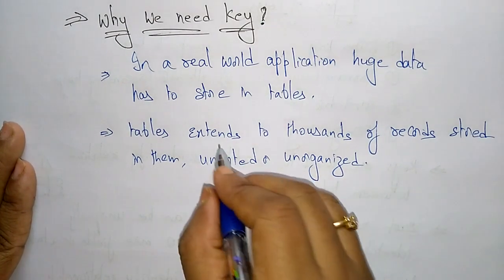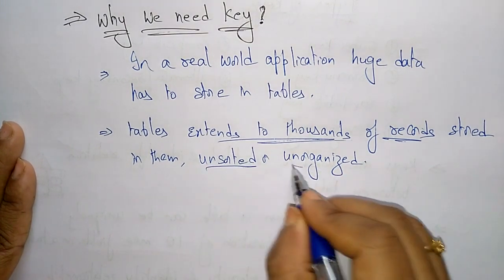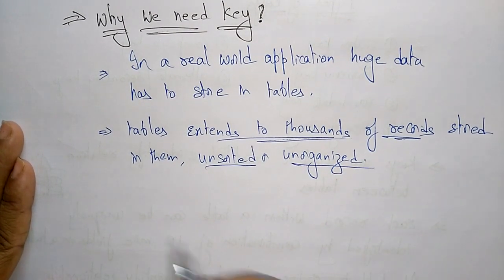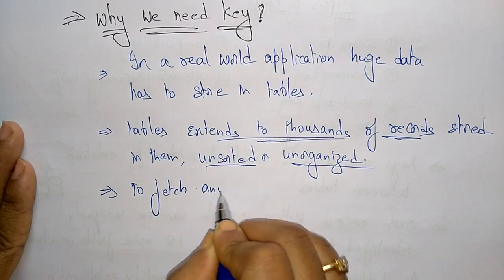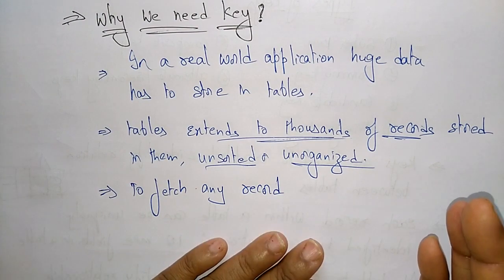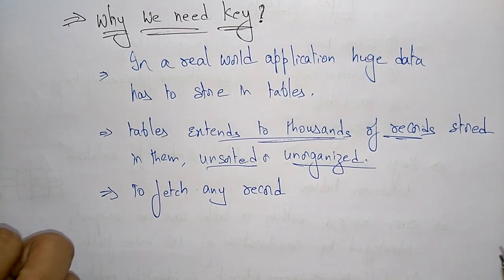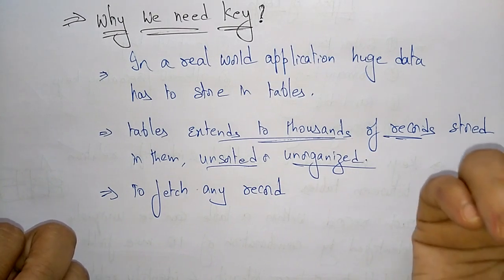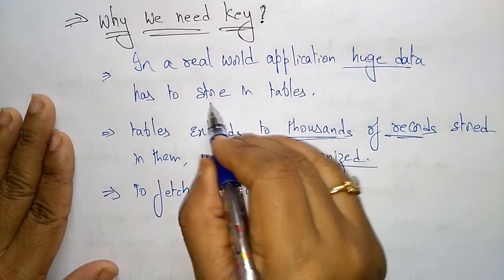Every time thousands of records are stored in the table, which may be unsorted or unorganized. If you want to fetch any particular record from such a data set, you will have to apply some conditions. Without applying conditions, you can't fetch the data from the huge data.